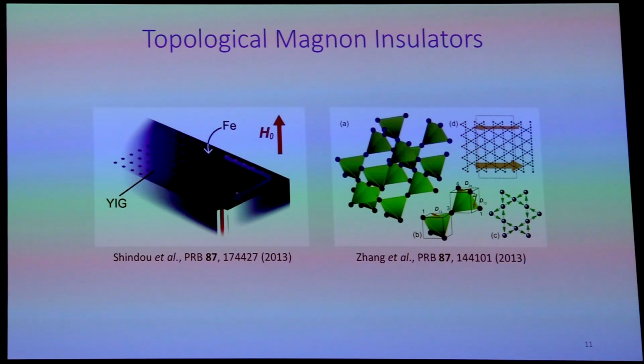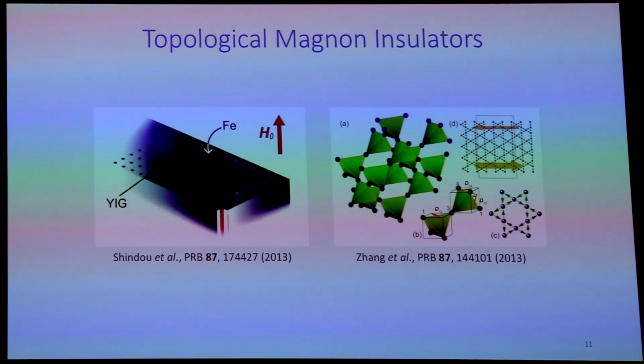And they could be either engineered, as in the magnonic crystal proposal I'm showing on the left, or they could be realized in compounds, as in the prediction of the study on the right. Those magnonic edge states that they support are robust unidirectional channels for magnon spin currents that could be used in spintronic applications. And we have in mind applications that utilize electrically insulating magnets, because as I pointed out, we would like to get rid of Joule heating.